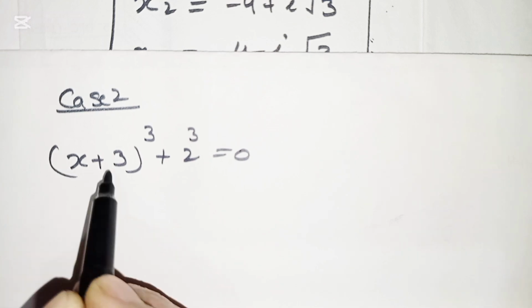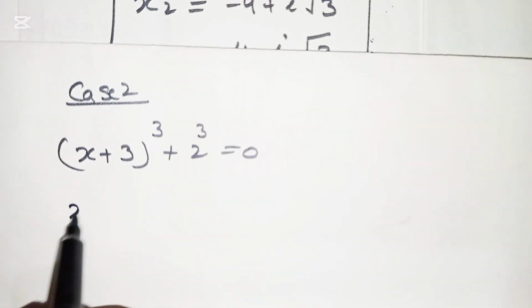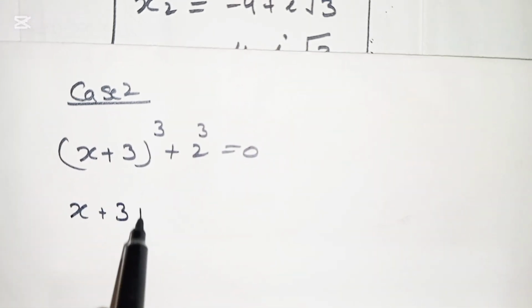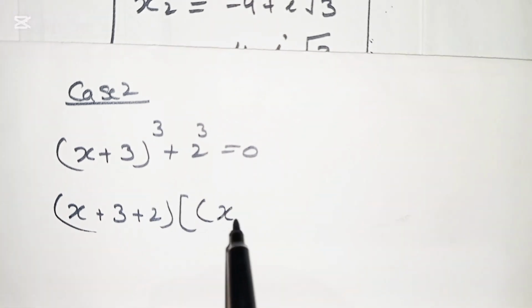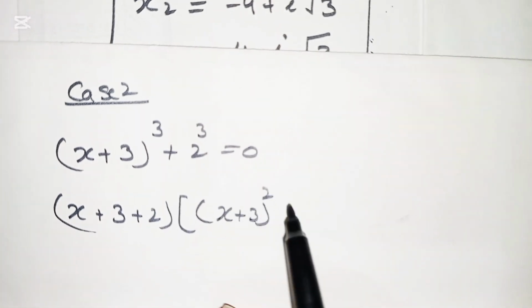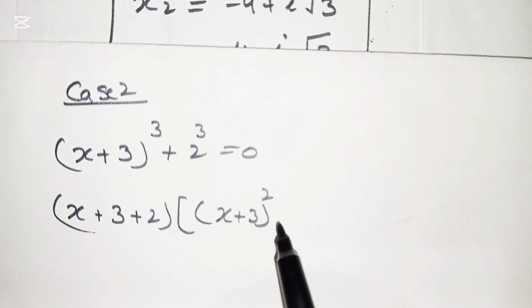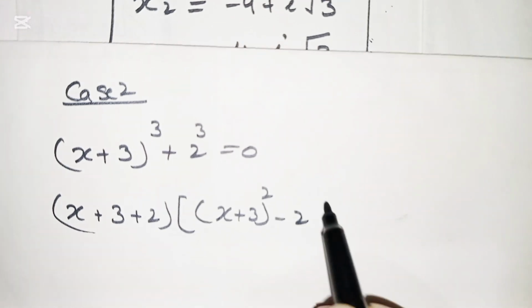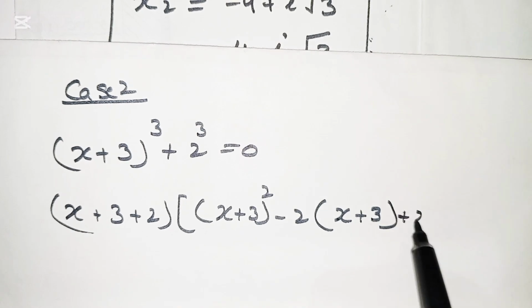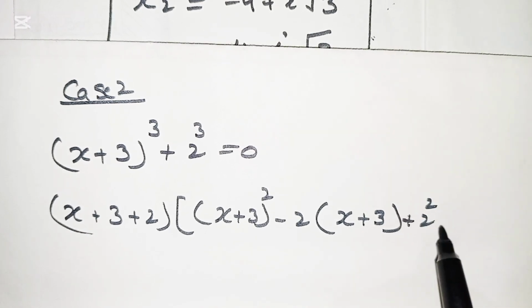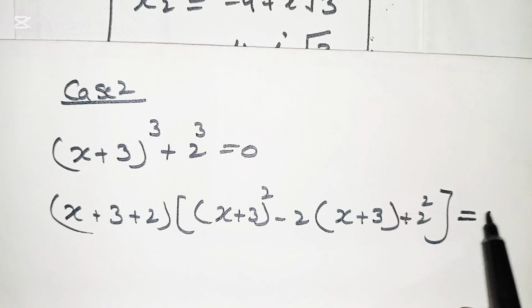And now this x plus 3 cube can be written as x plus 3 plus 2 and x plus 3 square, and then minus 2 x plus 3 and plus 2 square is equal to 0.